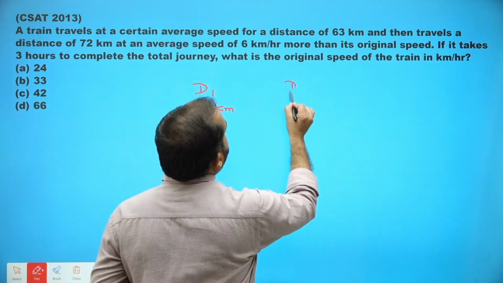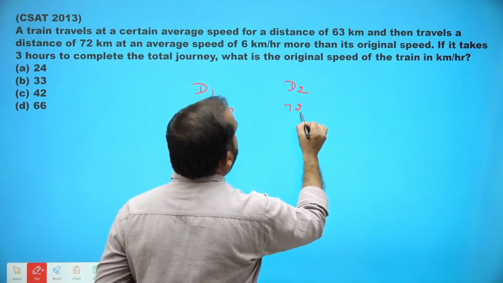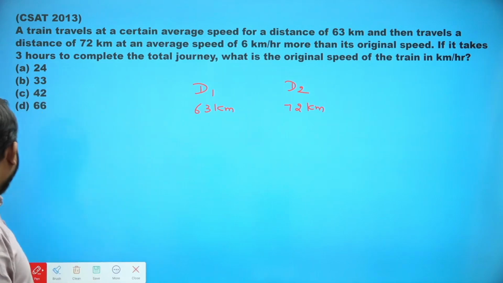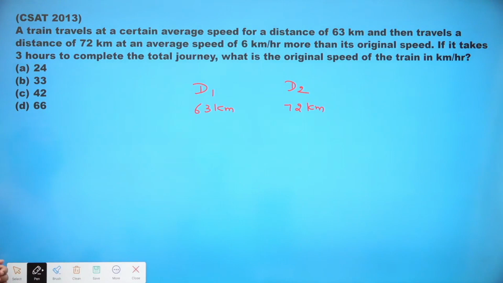In the second scenario, that train is covering 72 kilometer, at an average speed of 6 kilometer per hour more than its original speed.